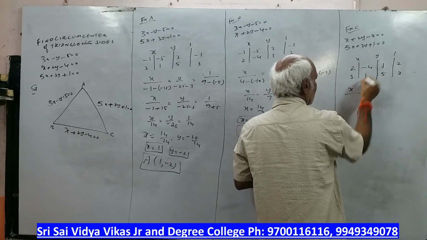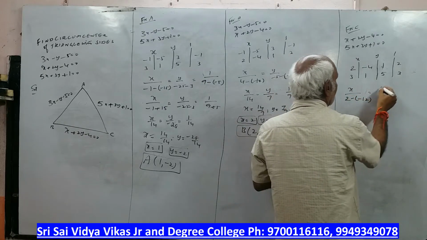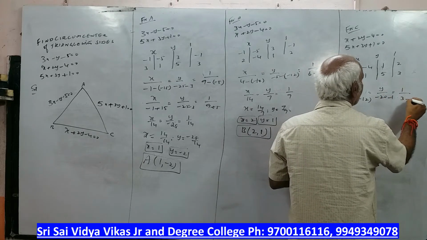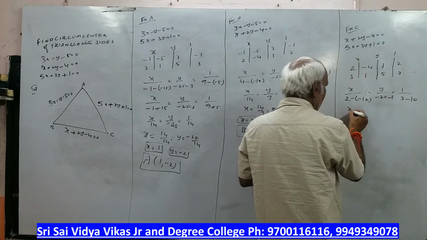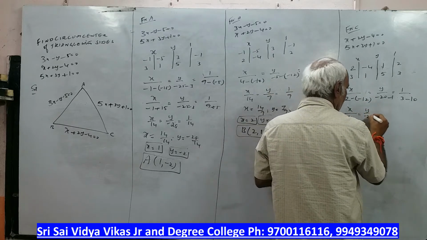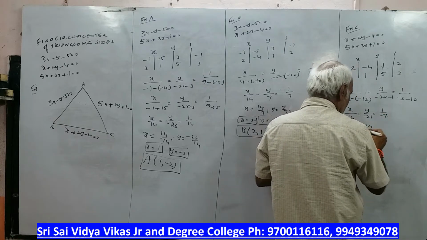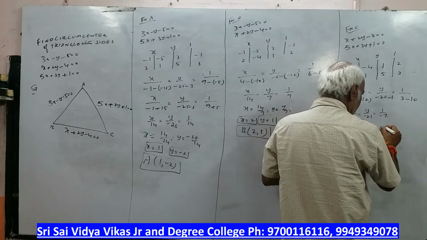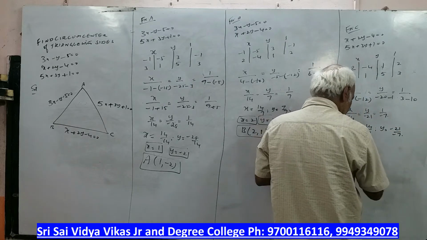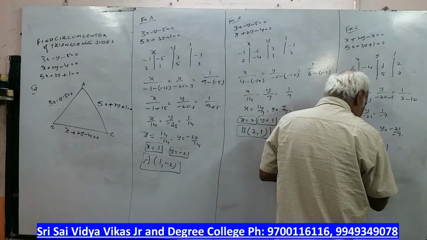Therefore x by 2 minus of minus 12, y by minus 20 minus 1, 1 by 3 minus 10. So x by 14, y by minus 21, 1 by minus 7. X is equal to 14 by minus 7, y is equal to minus 21 by minus 7. X is equal to minus 2, y is equal to 3. So what is the C point? Minus 2 comma 3.